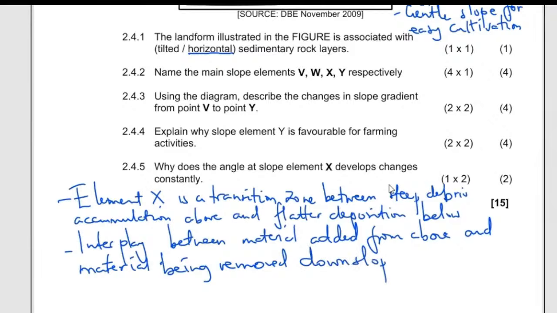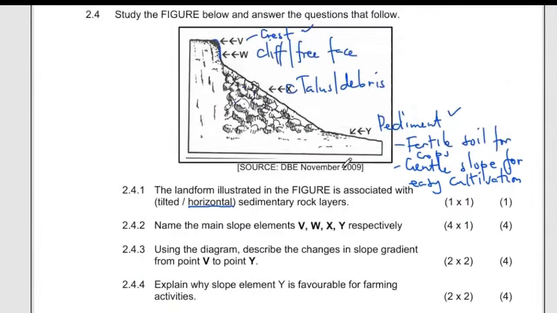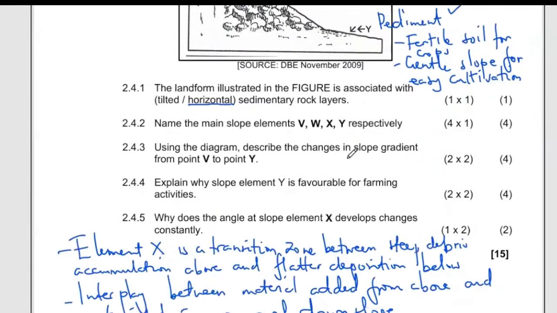So we are also seeing why we are saying it's a transition, because there can be more material being added from the top. And at the same time, there's also material being transported downwards. So this angle does not remain the same. Why? It depends on the balance of how much was added to the slope and how much has been lost from the slope. Because as more material is being added from the top, there is also loss of material which is being transported to the pavement there.